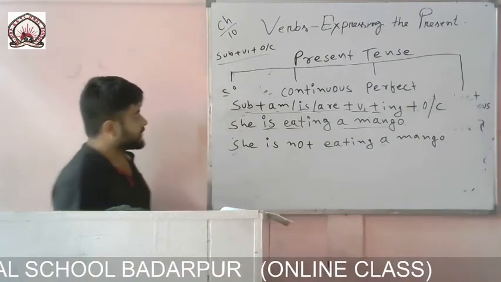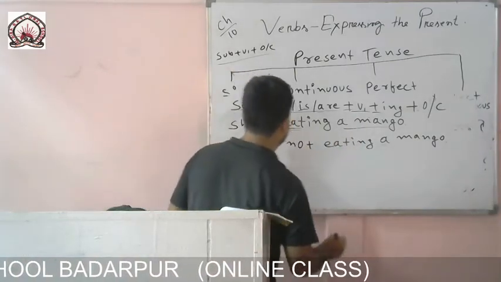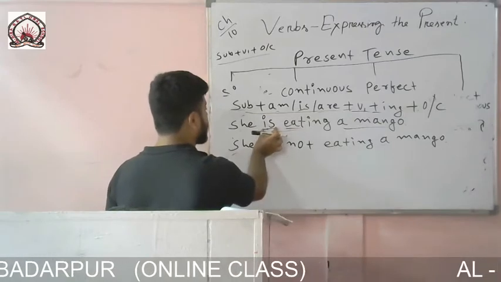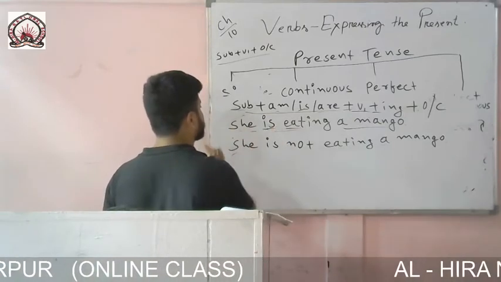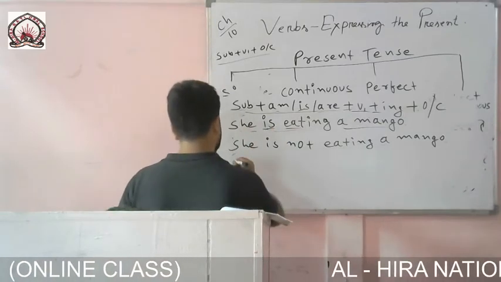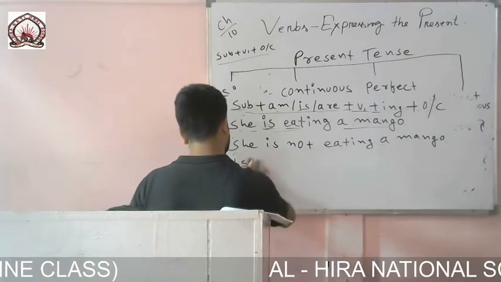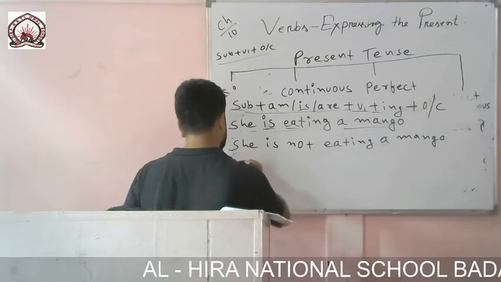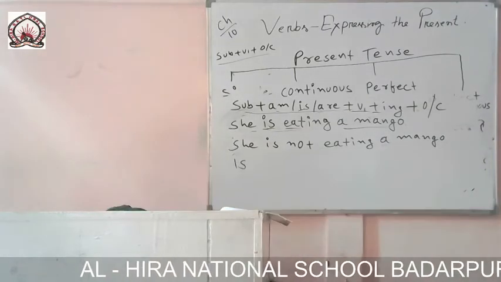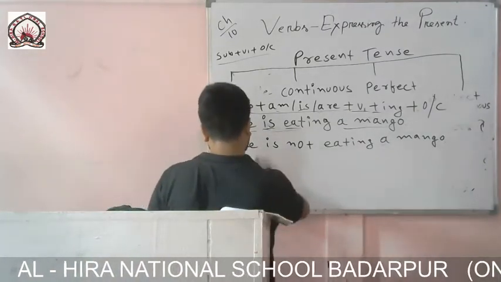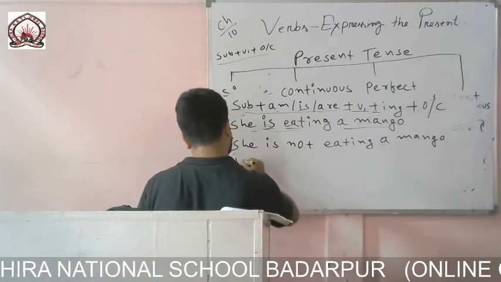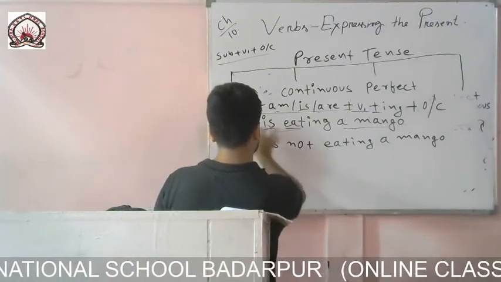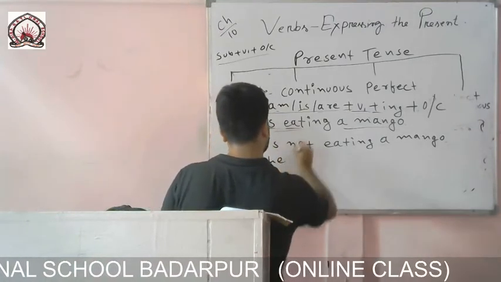Now, how to change this affirmative into interrogative? Very simple. We will take the auxiliary verb at the beginning. It will become like this: Is she eating a mango?